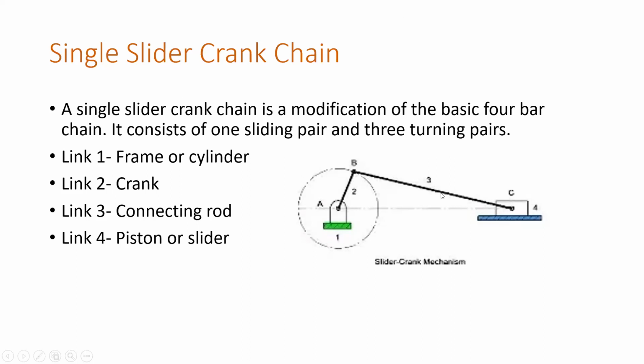And then there is the third link, which is called the connecting rod. This connecting rod is connected to the piston. Such a mechanism you will find in an IC engine. So what is the difference here? The difference is that there are 3 turning pairs and 1 sliding pair.